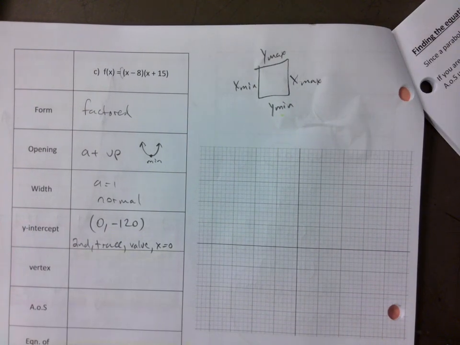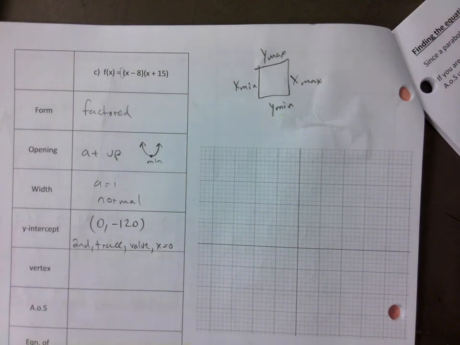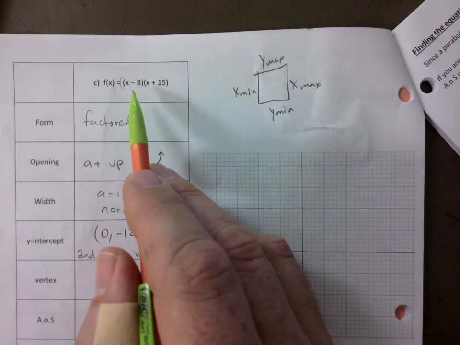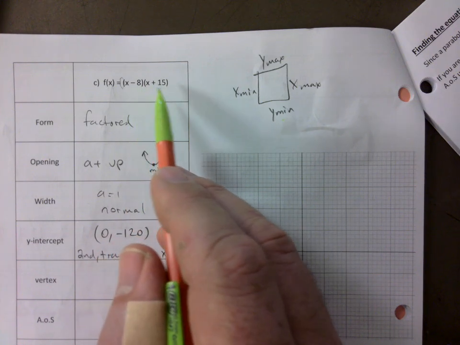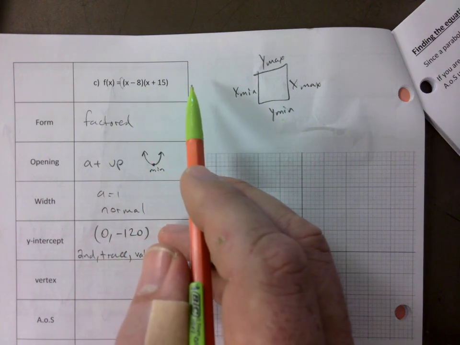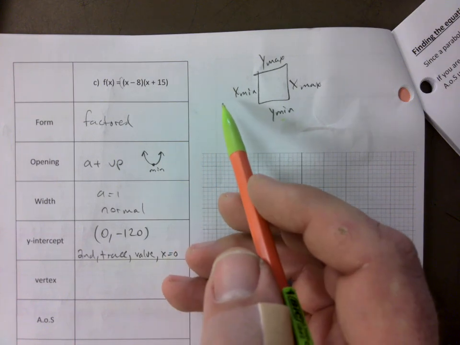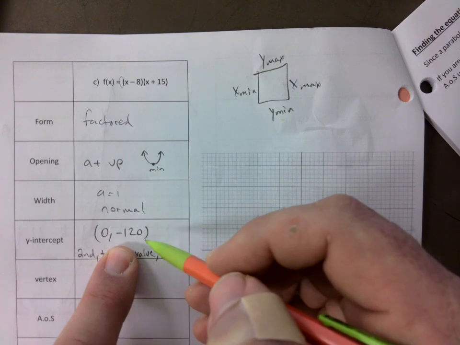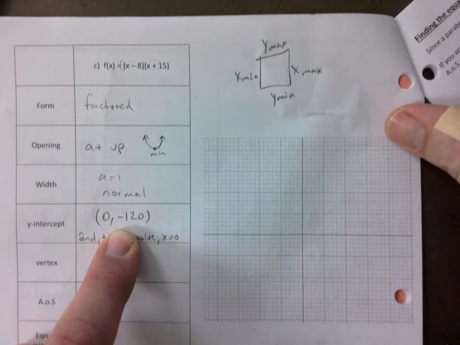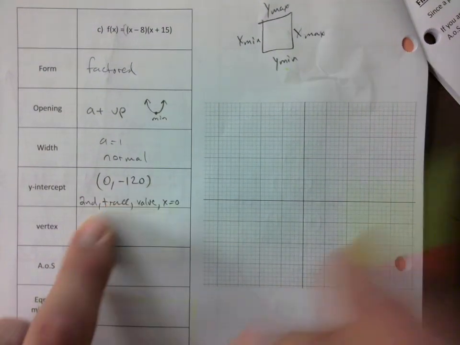You did that, Sean? Yeah, I actually appreciate you bringing that in. So Sean, sorry Sean, I'm picking on you. He foiled this out and turned it into general form. And then he picked that last number, which was negative 120. No problem. So that's also showing work, okay? I like using my calculator if at all possible, so I will just stick with this, okay?